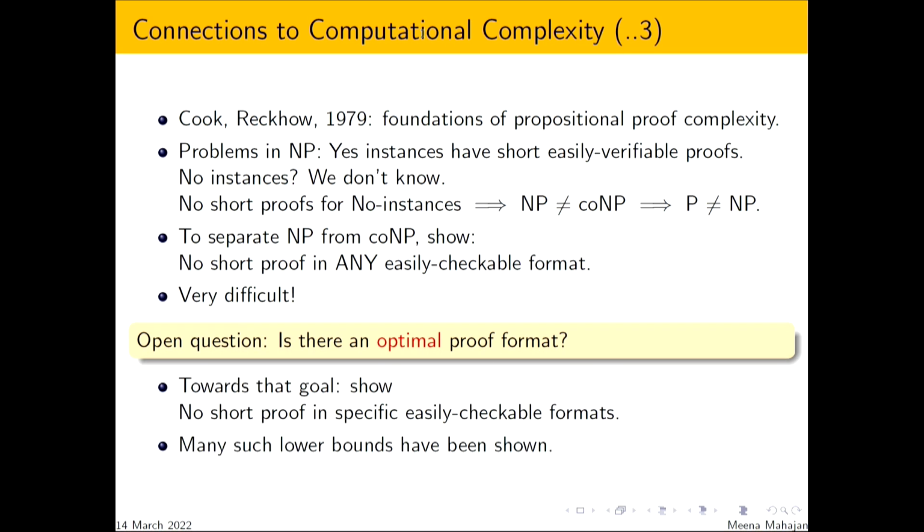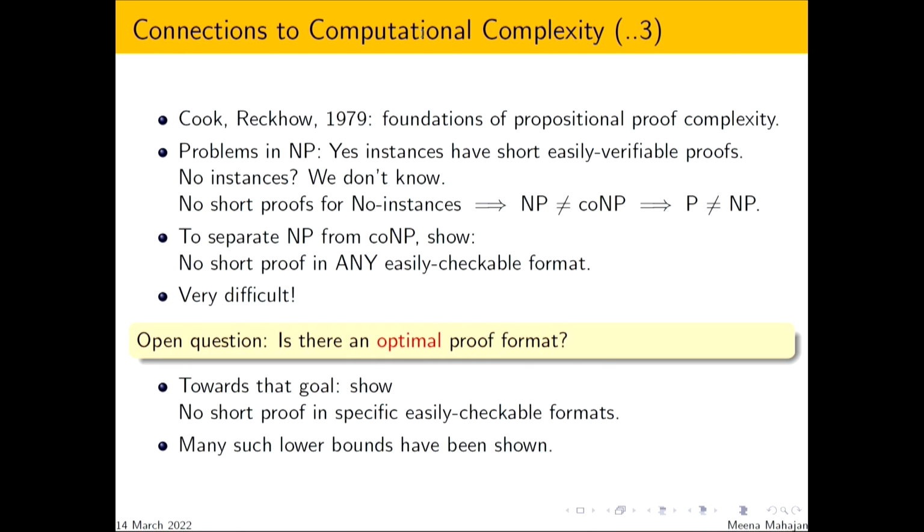What we can do, since we do not know how to approach this question, is to try and show that there is no short proof in specific formats. Pick a particular format which you know how to reason about and deal with, show that there is no short proof here. Then try to make the format a little bit more general, add more inference rules perhaps, and say, okay, there is still no short proof. Try to gradually build up so that eventually we have enough understanding that in no format is there a short proof.